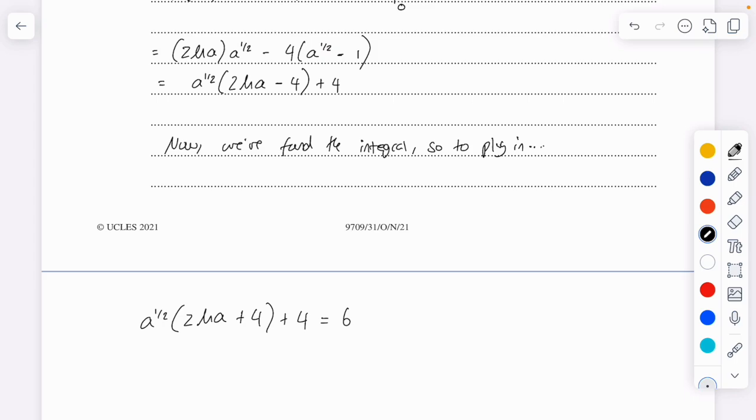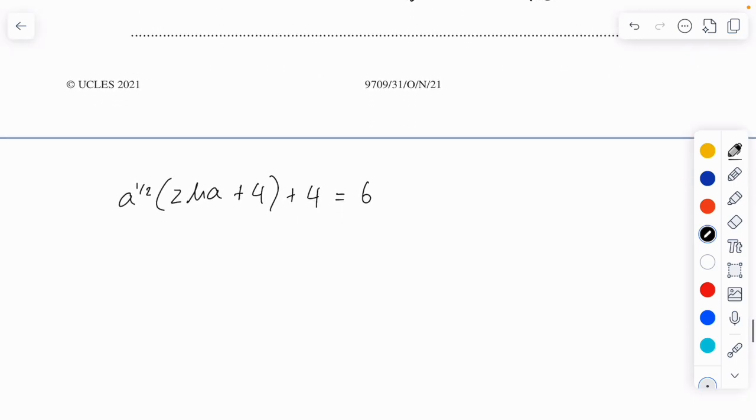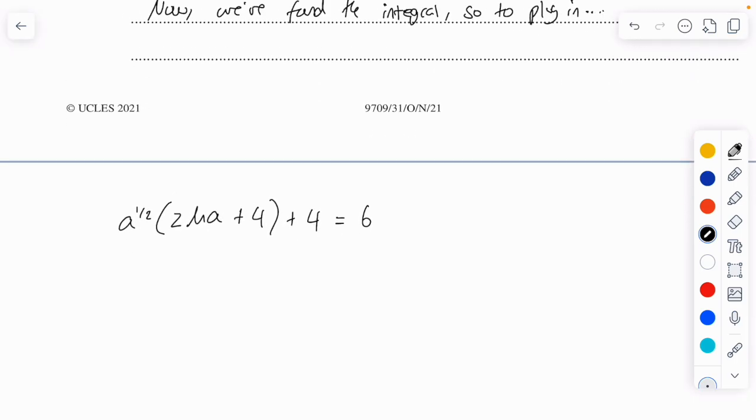Which means then, if we take this down, we get a to the half times (2 ln a minus 4) is equal to 2.